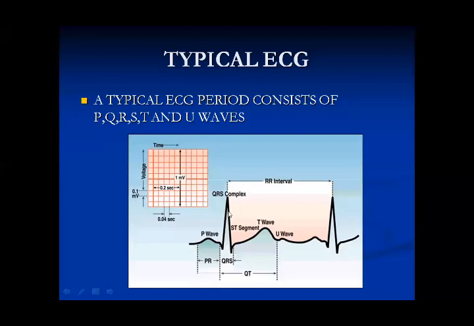So what we need to understand is what size of box represents what duration of time. The smallest box, this one small box, represents 0.04 seconds on the x-axis, and the same small box represents 0.1 millivolts on the y-axis.